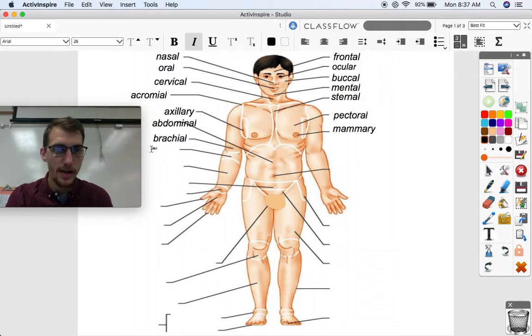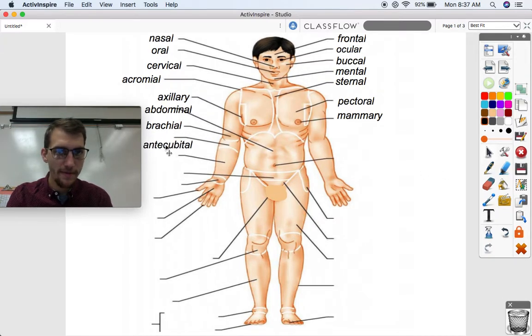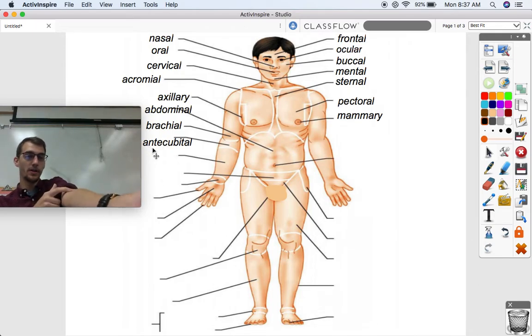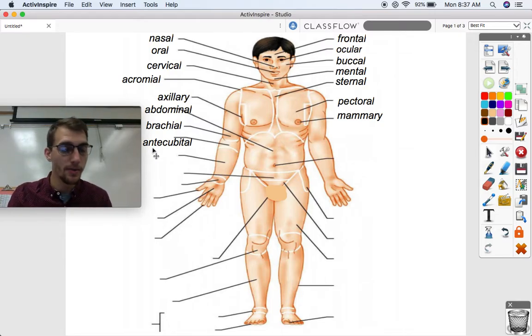So right beneath brachial here, this is antecubital. Ante, this prefix, is referring to the anterior, so we're on the anterior side. It's basically the front of your elbow. This is your antecubital region, right there, and that's where you get needles sometimes, when you're getting your blood drawn or something like that, is right in your antecubital region.